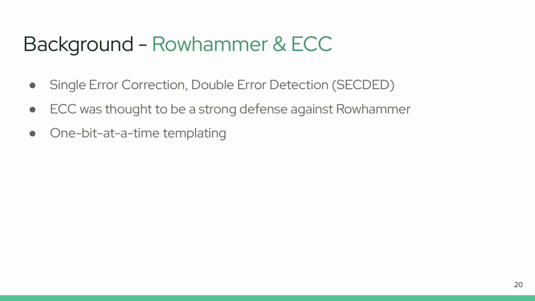This is often done with one bit at a time templating in the very first phase of the attack. Templating is when an attacker tries to fingerprint memory and find vulnerable locations in memory, whose bit flips they can then use in later stages of the attack, for example, privilege escalation. Because of the ECC function, you need at least 3 bit flips in a single code word to evade ECC and exploit Rowhammer on these systems.